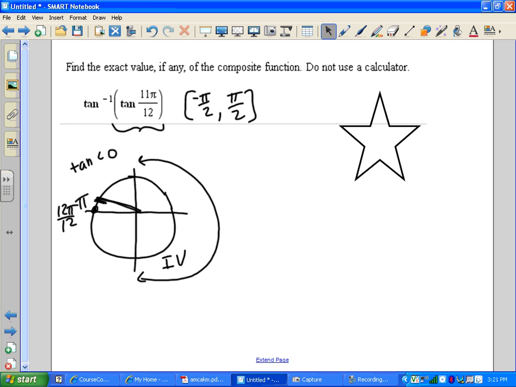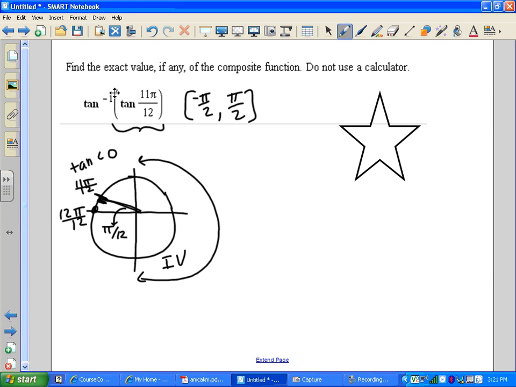Let me erase this and start over for you. If this is 11 pi over 12, and we thought of this as being 12 pi over 12, which would be pi, that would make this reference angle right here pi over 12. Now what I need here is the angle to be in the correct quadrant.